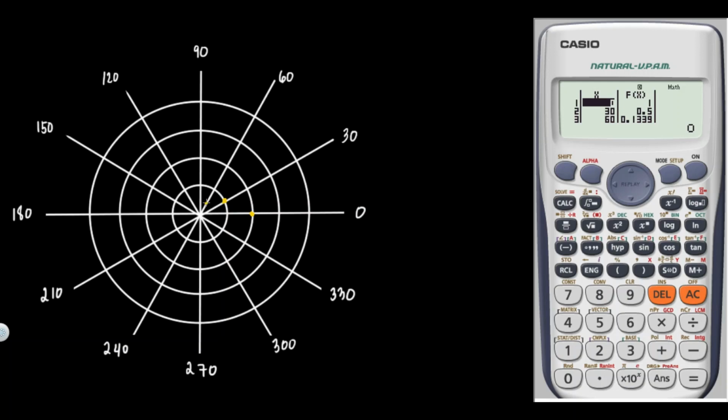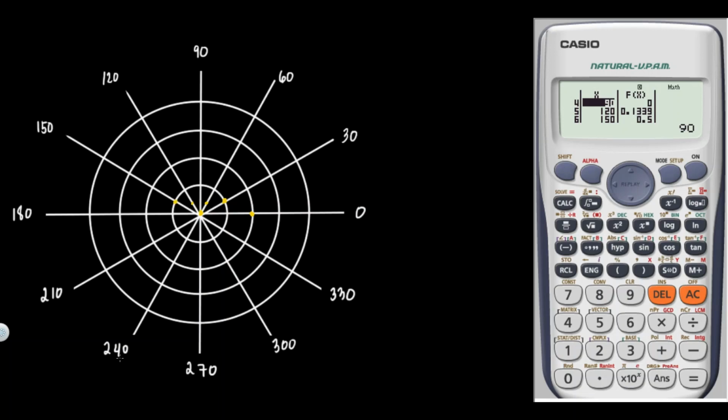At 90 degrees, or pi over 2, this is 0. At 120 degrees, that's 0.1339, directly opposite the 60 degree point. Then at 150, that's 0.5.